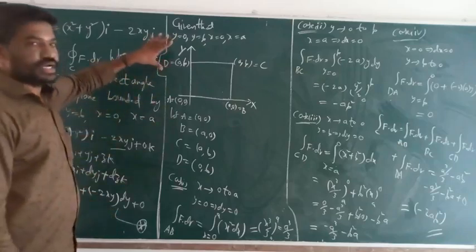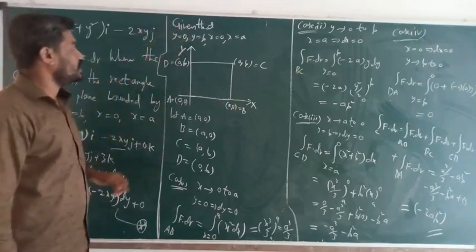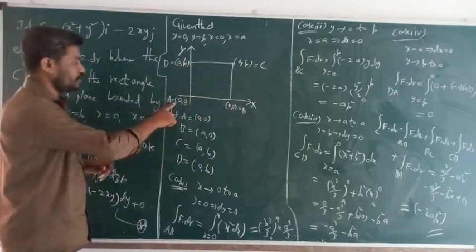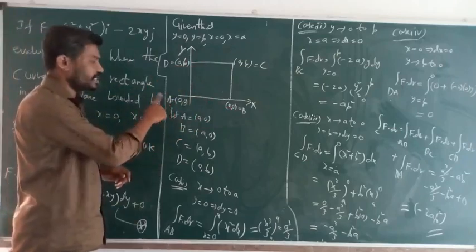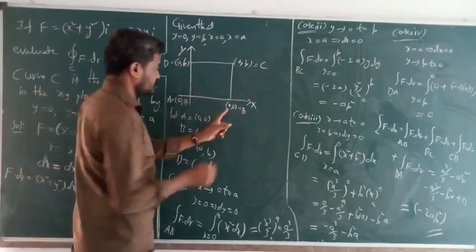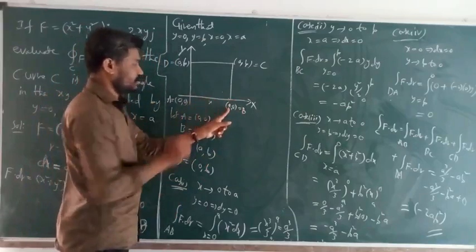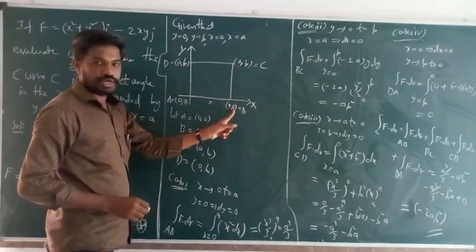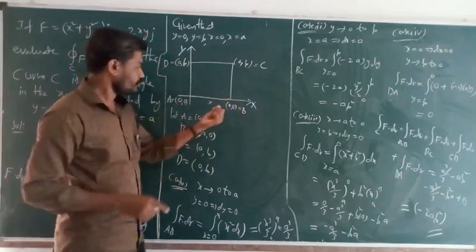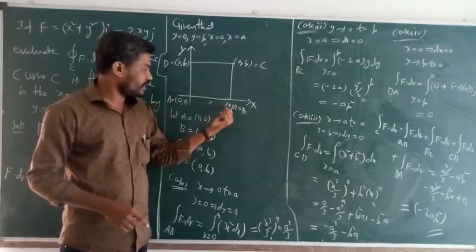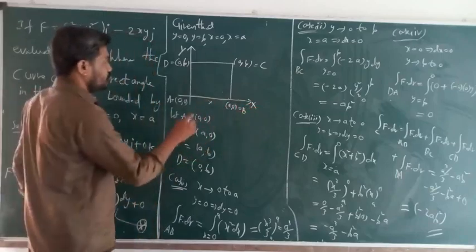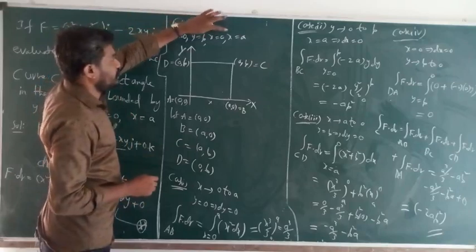Next, given conditions y = 0, y = b, x = 0, x = a. This is the x-axis and y-axis, and this is the origin, point A = (0, 0). The distance from the origin is small a along x, and on the x-axis the y coordinate is 0, so this is point B = (a, 0), lying on the x-axis.